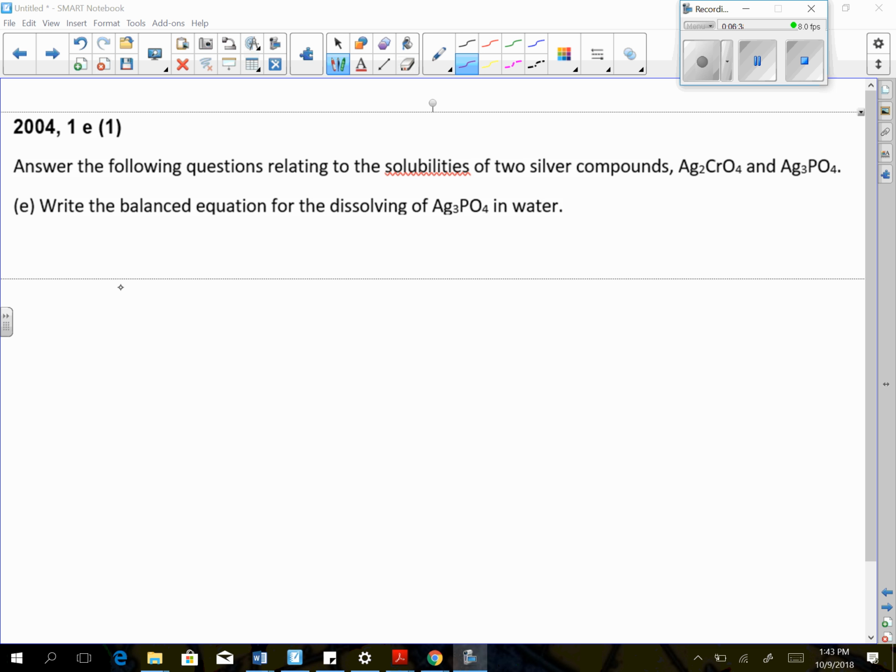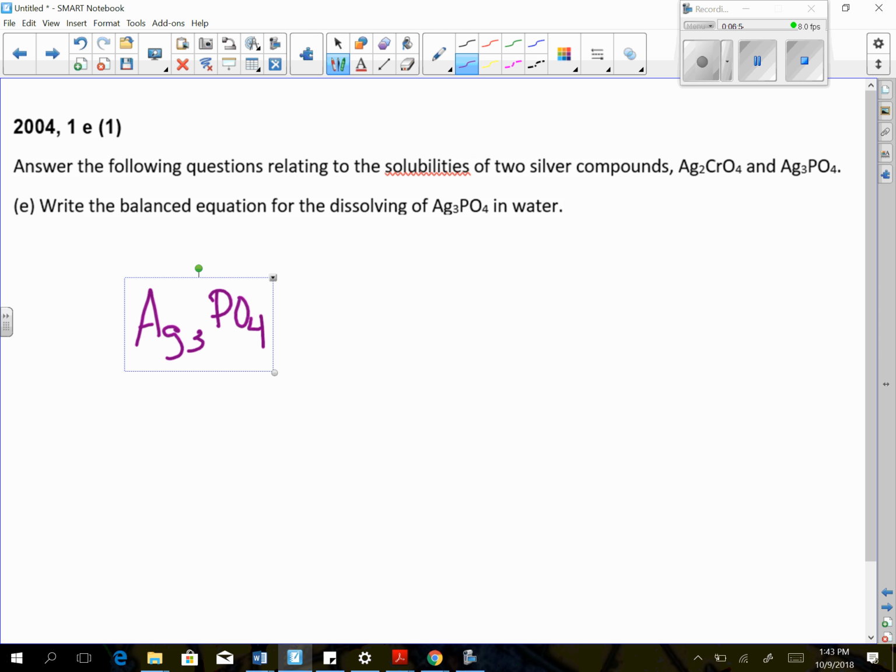If I want to write the equation for dissolving silver phosphate in water, how do I start? Silver phosphate. Plus water. And we don't even have to write plus water. It's just understood that the water's there. What happens to it when you put it in water?